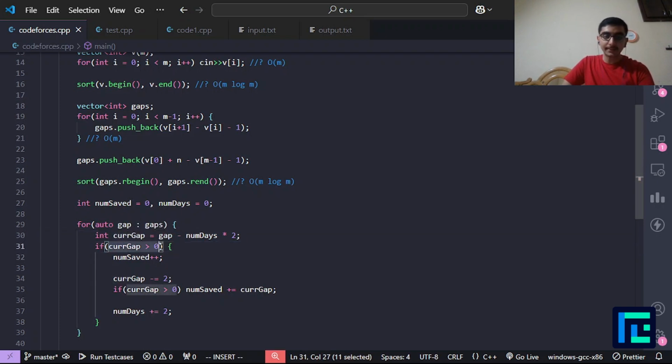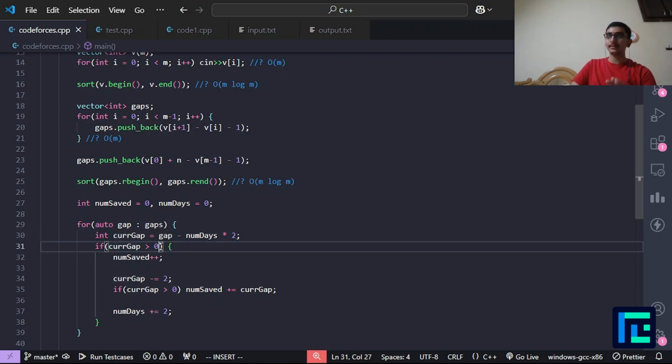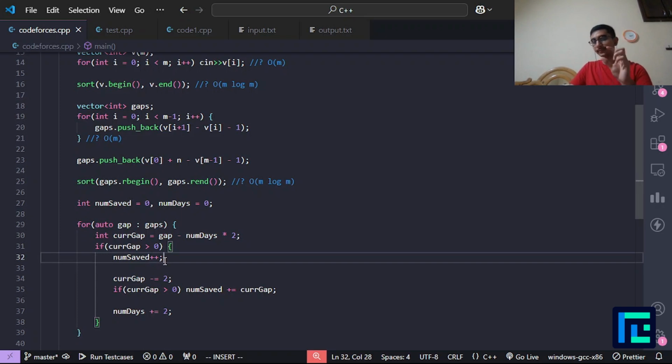Now if cur gap is greater than 0, that means there are positive number of uninfected houses still left, right? So that means I can save at least one. So I save that one house, that is the left extremity of the current gap, right?